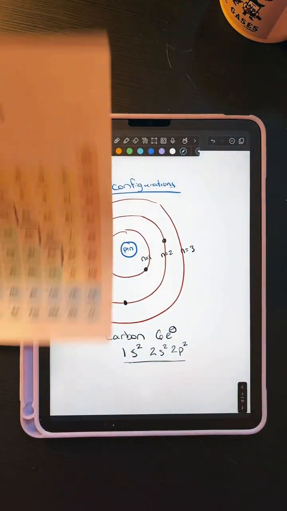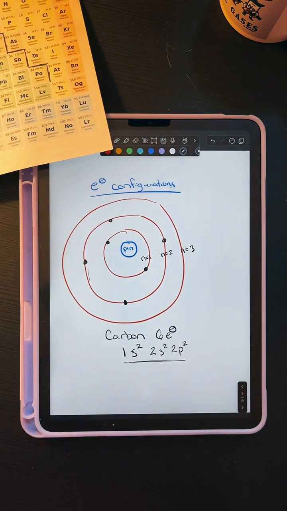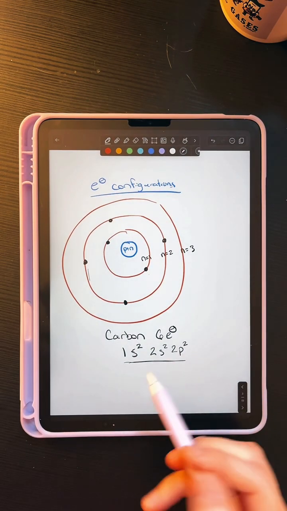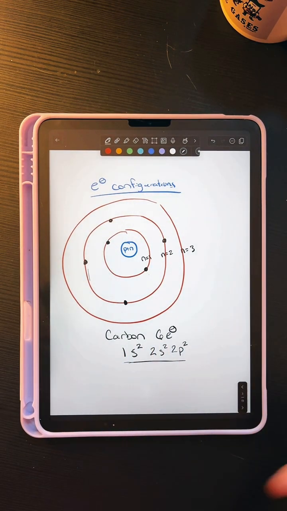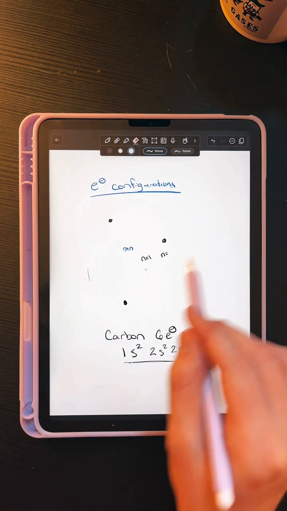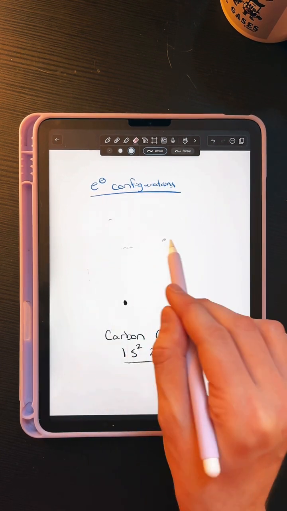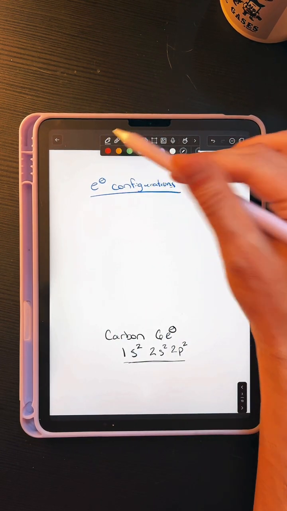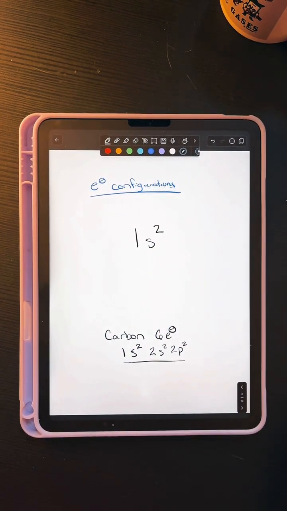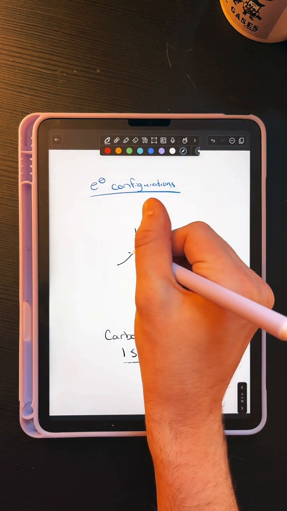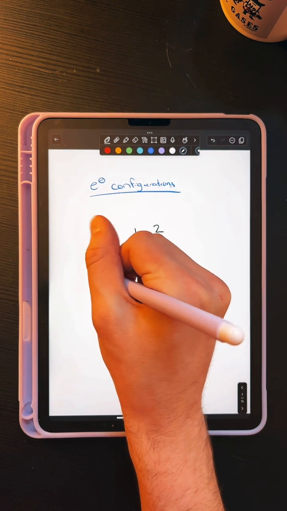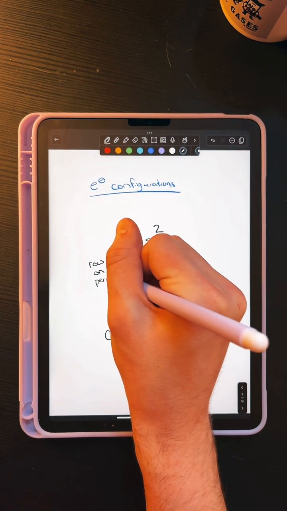Now, typically in the English language, we read left to right, top to bottom. And so what we do is we find these values based on that periodic table. I'm going to erase this, and I'll just draw one of these. So we have 1s2. This 1 comes from the row or period on the periodic table.